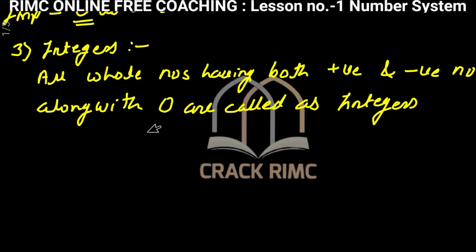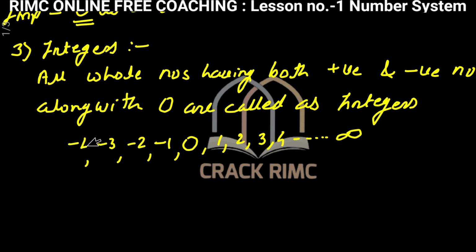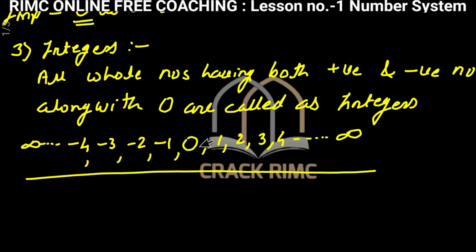Okay, so what we can say here, if we write down 0, here will be 1, 2, 3, 4 up to infinity, and on other side, left hand side, here we can write -1, -2, -3, -4 up to infinity.